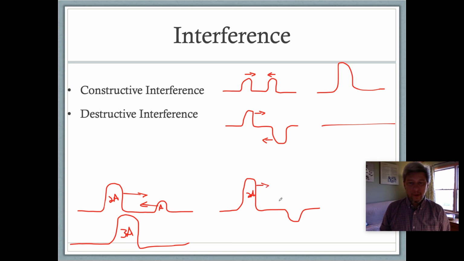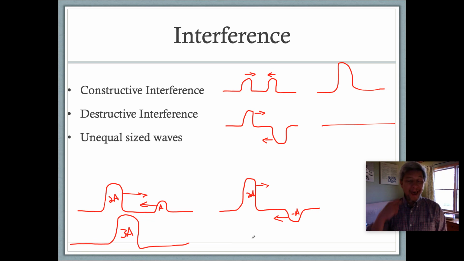All right, so 2A is moving toward the right, and negative A is going toward the left. Well, in this case, when they come together, you simply add them together, right? 2A plus negative A. And right in the middle here, I'm just going to have this little teeny positive A amplitude wave, all right? You're just adding them together, all right?